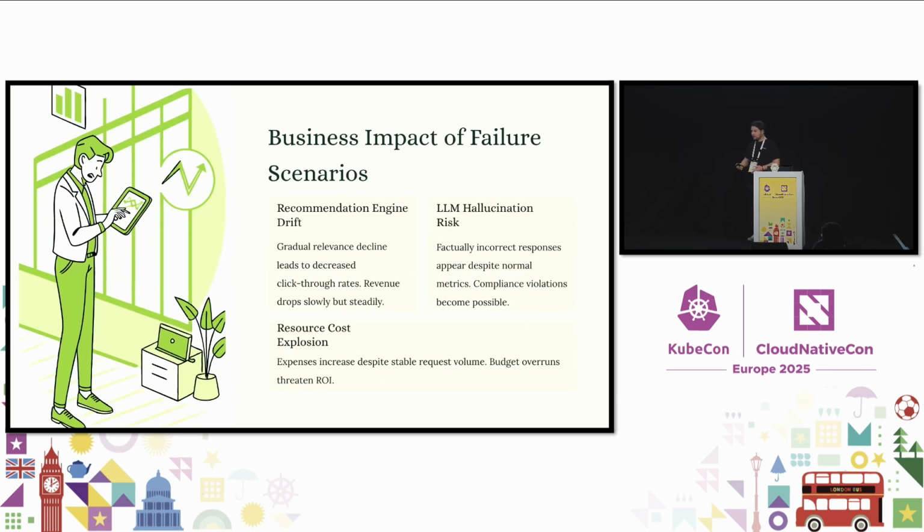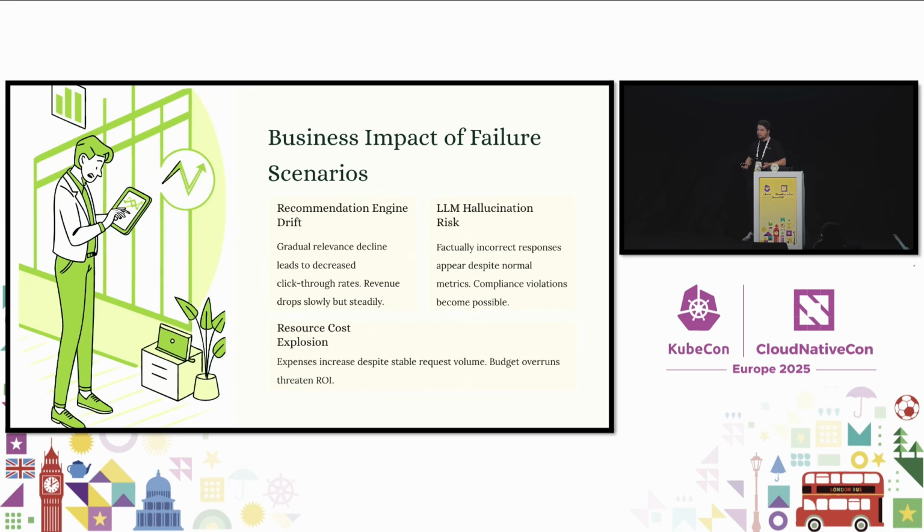There's also impact on the business side. Let's say you have a recommendation engine, and a gradual relevance decline leads to decreased click-through rates. And if your LLM is hallucinating, there's a possibility of incorrect responses.